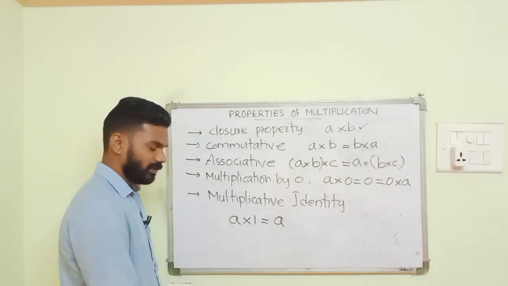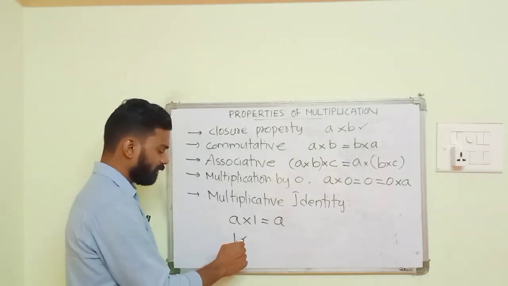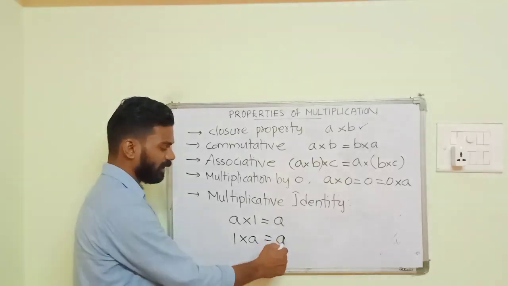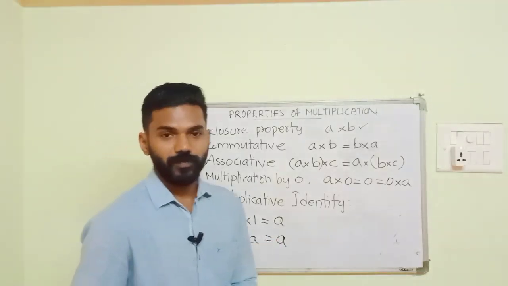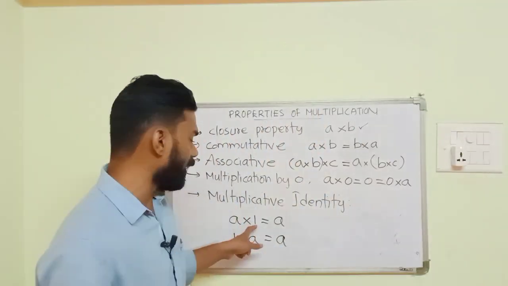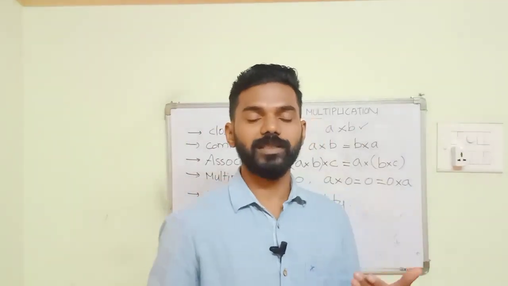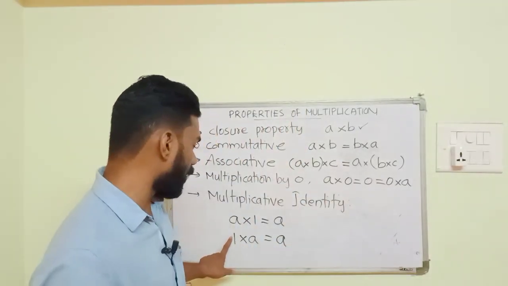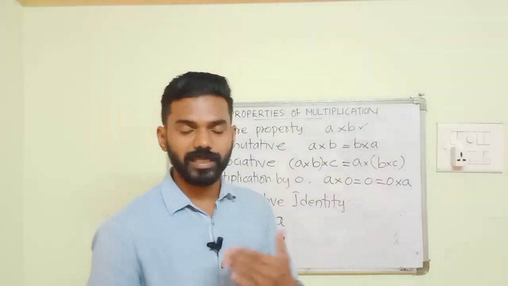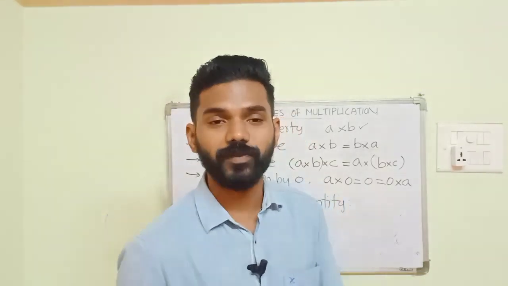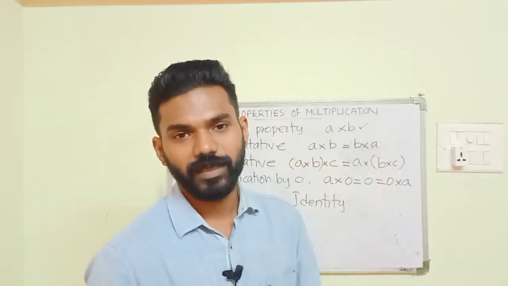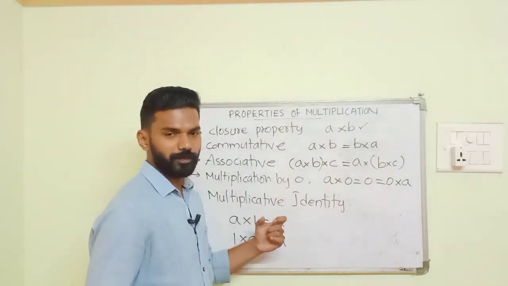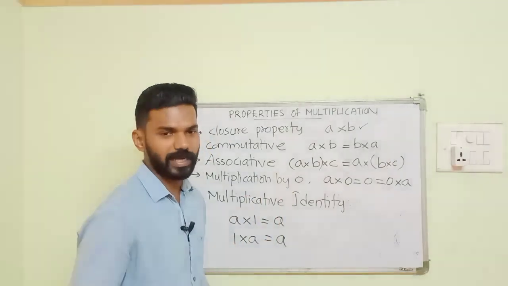Just like that, if you multiply 1 with number A, then also the answer will be A itself. So when a number is multiplied by 1, or when 1 is multiplied with a number, the answer will be the number itself. This is called multiplicative identity.